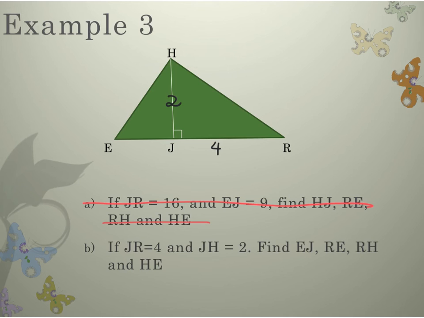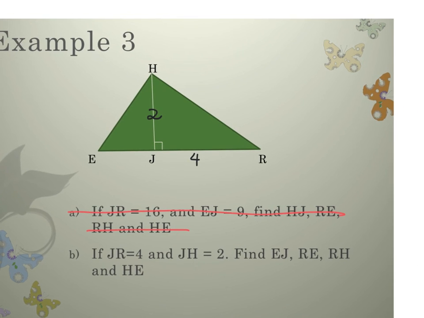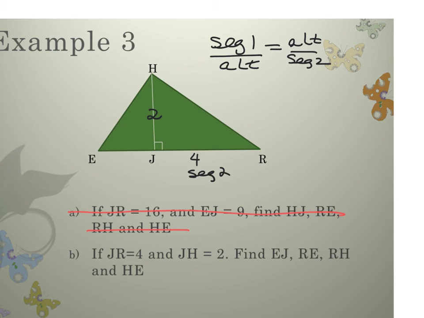So what I can do now, I'm still using the same proportions. What I'm going to start out by using first is the segment 1 over altitude, altitude over segment 2. So this could be my segment 2. This could be segment 1.